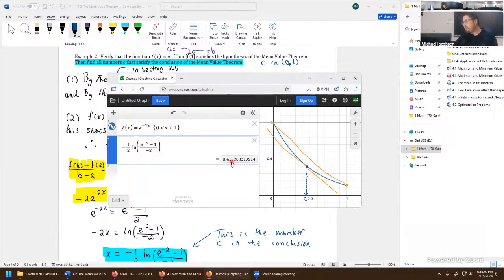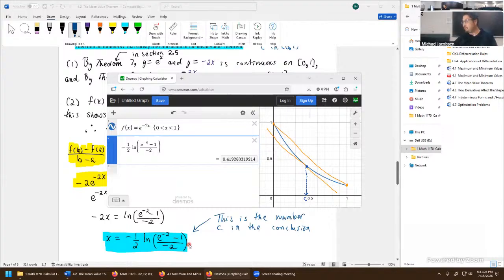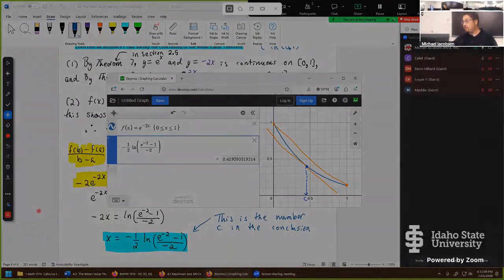That came out to 0.42. So it looks like I'm a little bit closer to the 0.5, but for a freehand sketch, that's pretty close. So this would give me graphical evidence that we do really have the right number C when we produced that value. So that's what it looks like to verify our answers for the mean value theorem.